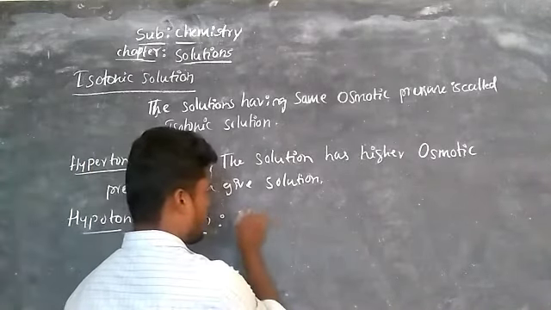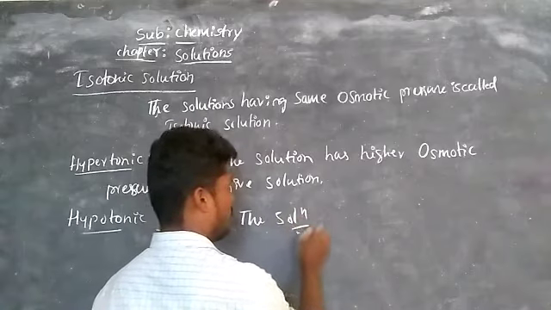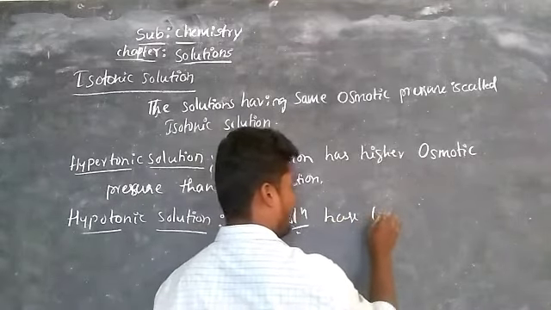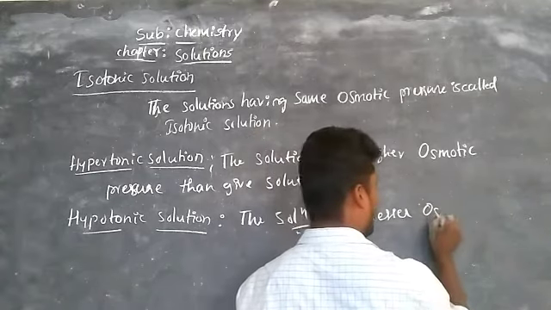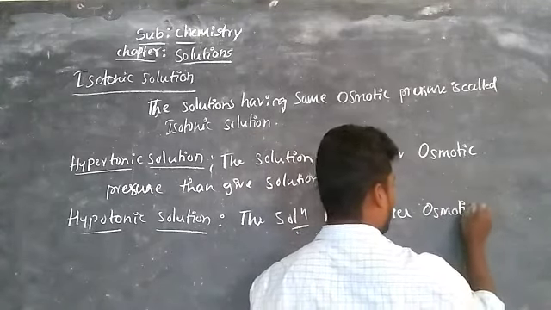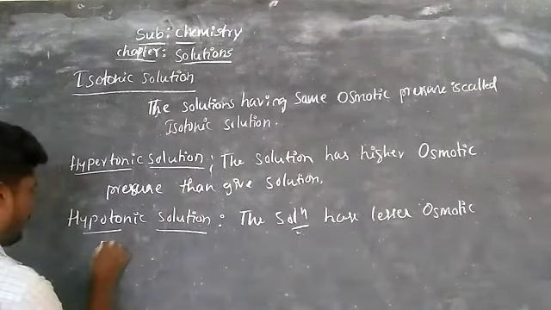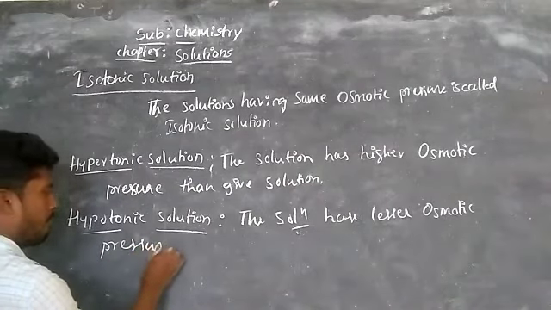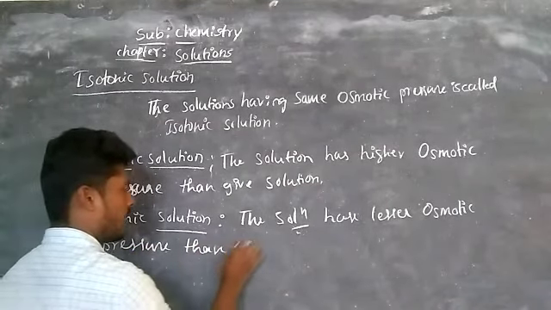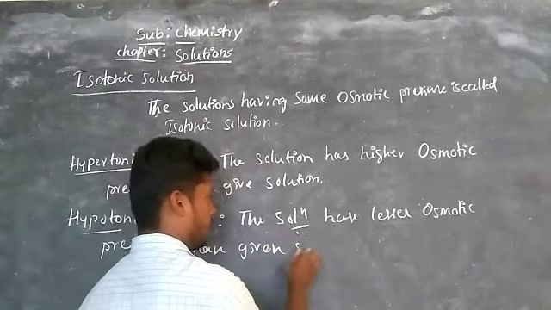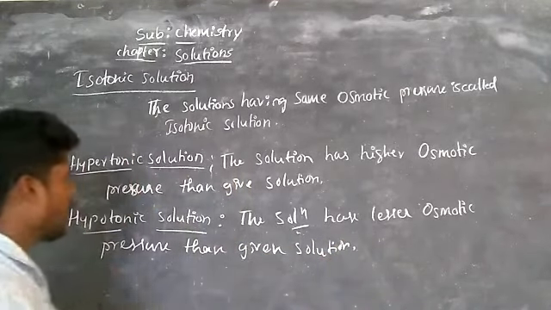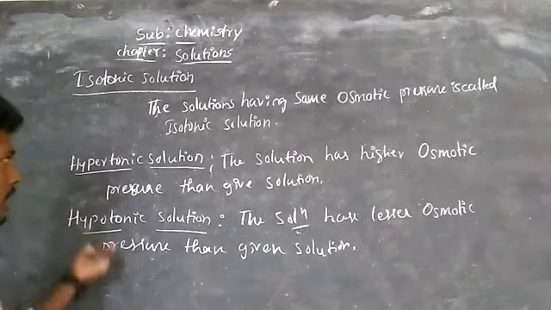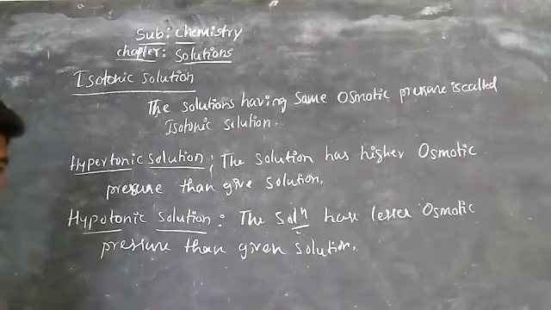That is, the solution has lesser or low osmotic pressure than the given solution is called a hypotonic solution. These are the different types of solution based on osmotic pressure.